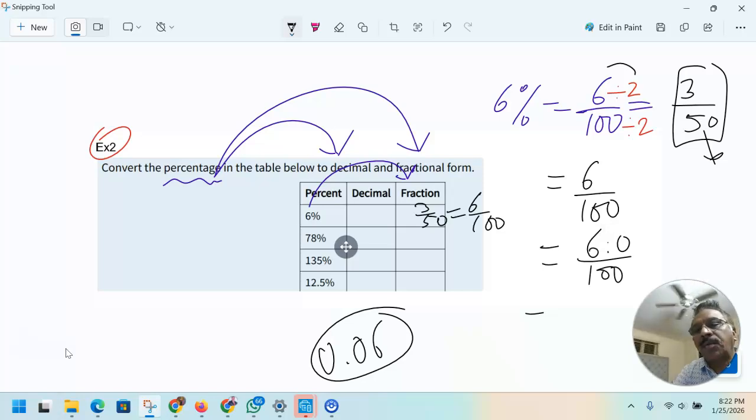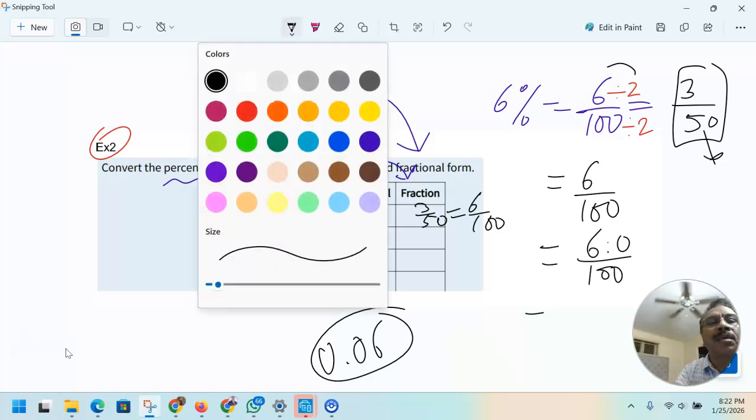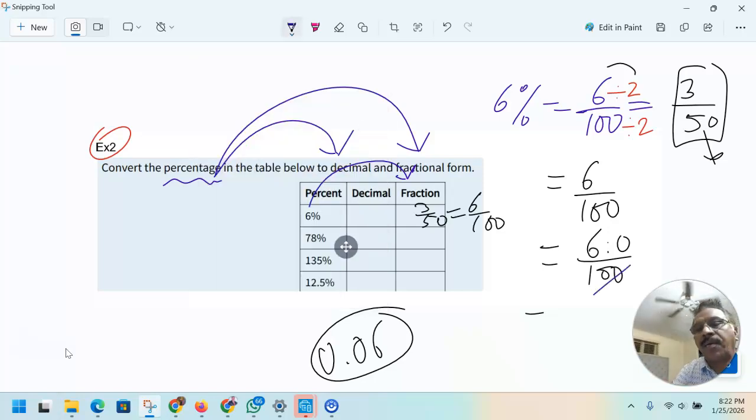There are two zeros at the bottom, so you get rid of one of them. The decimal here moves one place, so you get 0.6 over 10. Then you cross out the second zero, so this decimal moves here.